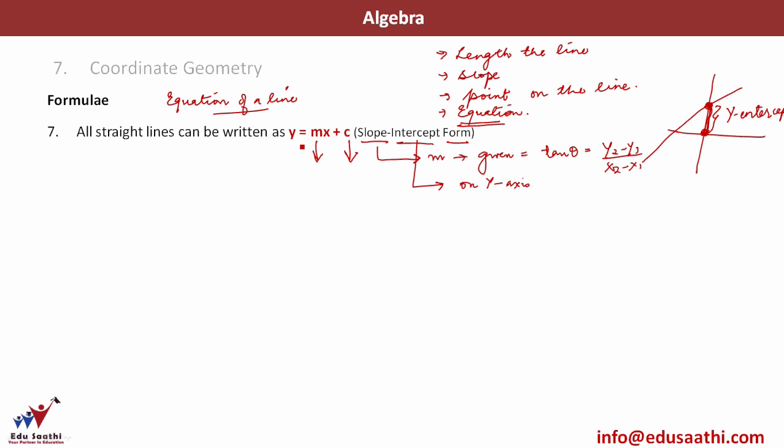You fill in the values of m and c, and you will get the equation of the line. For example, if the slope of the line is given as 2 and the y-intercept is given as 3, the equation of the line would be y = 2x + 3, or you can write 2x - y + 3 = 0. This is how the equation of the line can be written.